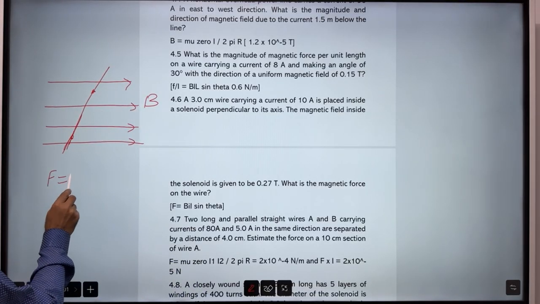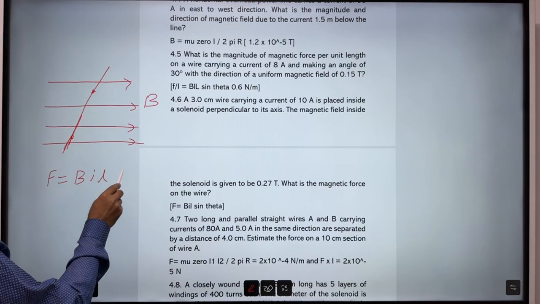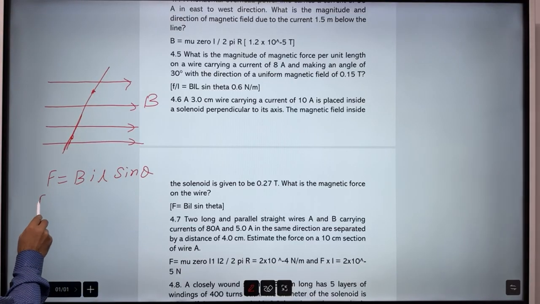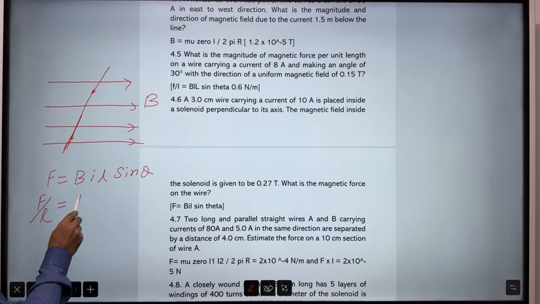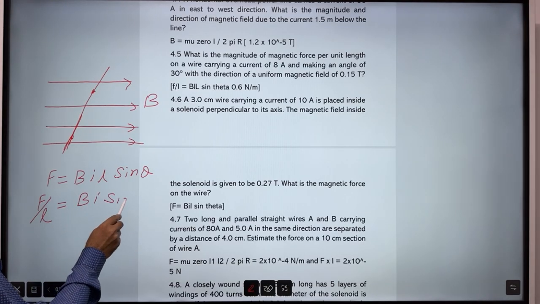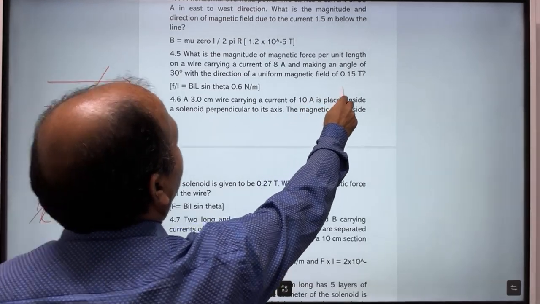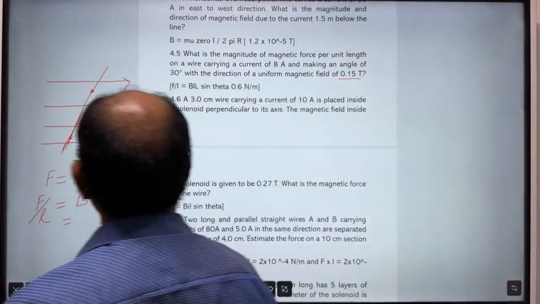So in that case, since F is given by BIL sine theta, per unit length means F upon L is to be found. So BI sine theta, correct? The value of B is given as 0.15 Tesla.